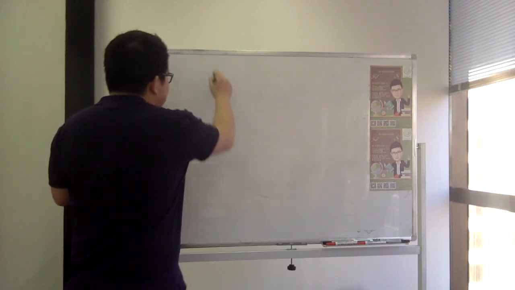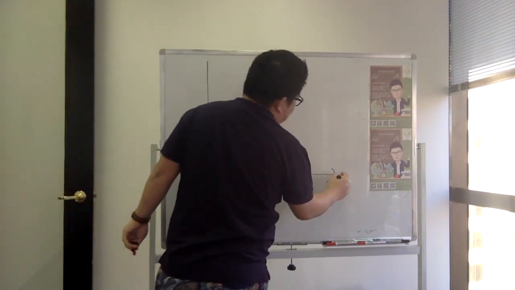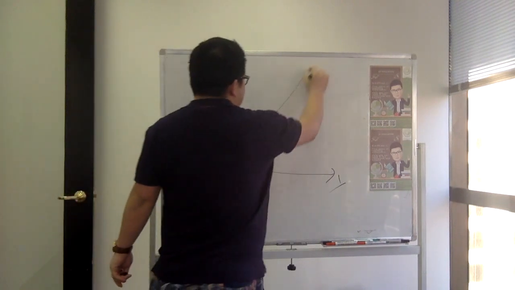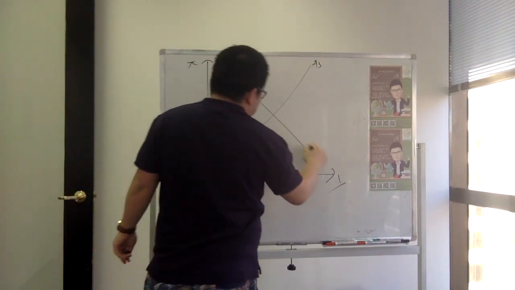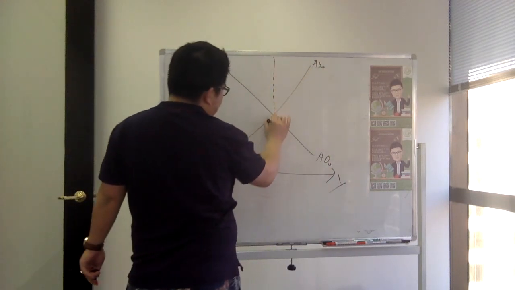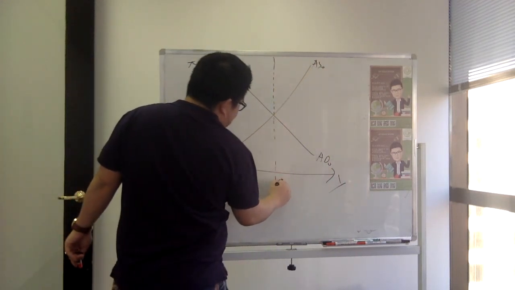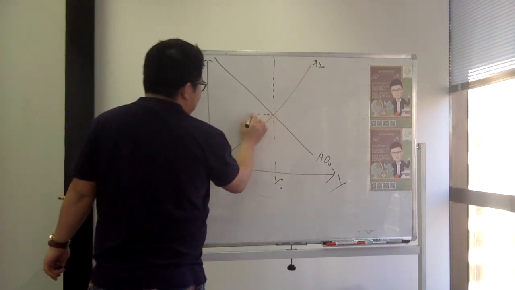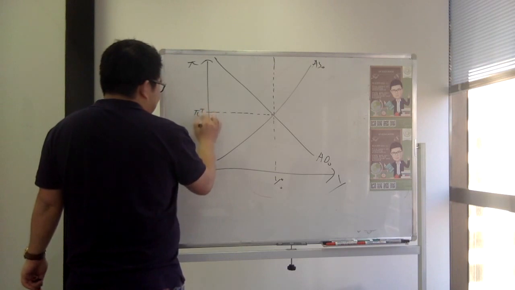So here we go. We say that we have the output, and we have the inflation, and we have the aggregate supply curve, and we have the aggregate demand curve, yeah? So call this AD0, AS0, yes? And then this is the y star 0, okay? Which is the long run aggregate supply curve, and then we have pi t0, okay?